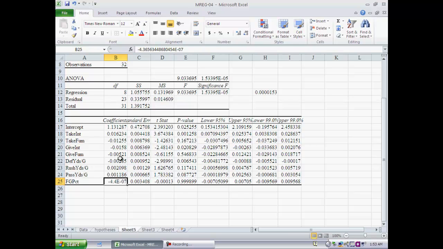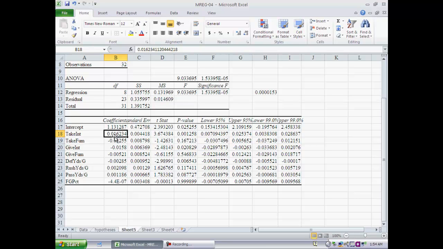Let's take the first one over here, interceptions taken away. The slope, the point estimate that I get, so this is B1, is 0.01623. Based on that, the question I would ask is, does that allow me to conclude that beta 1, the corresponding slope in the population, is different from 0?